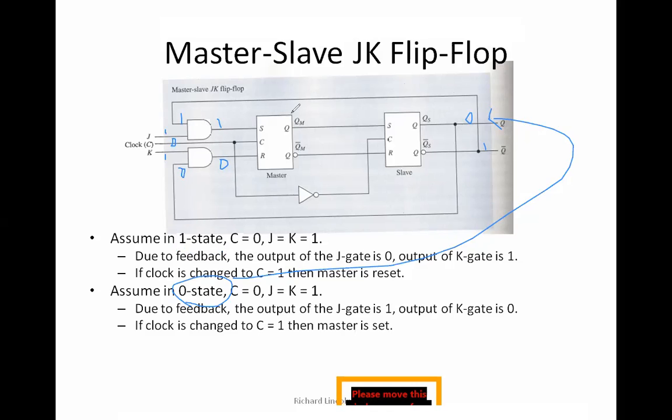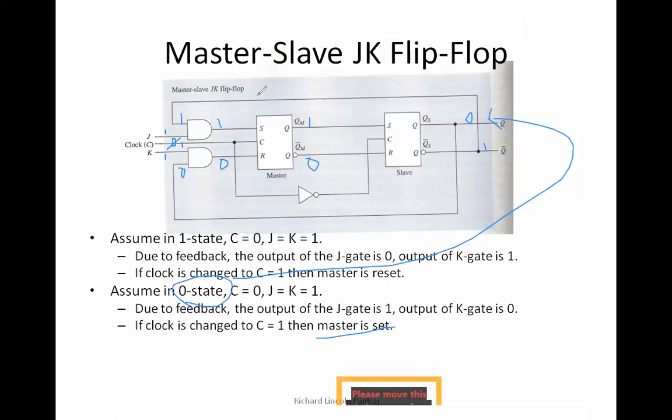So J is equal to 1. So what is going to be my output? My output will be 1. So when I say 1, then my master is what? Set. So whatever the values are here, next when the clock goes 1, after 0 when it goes 1, and this goes 0 in the next clock cycle.